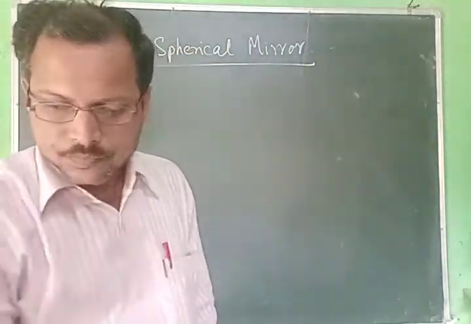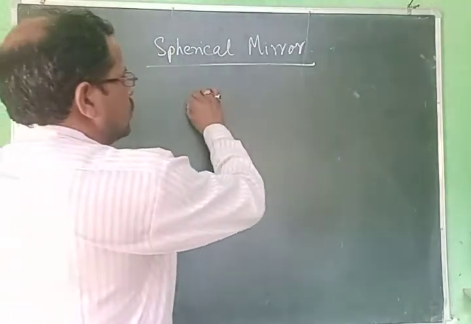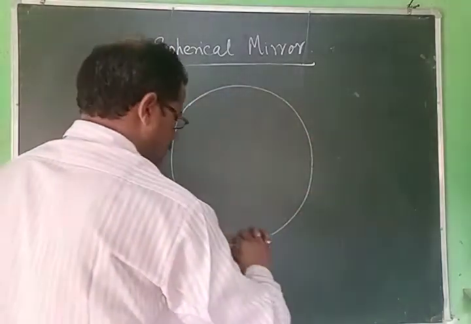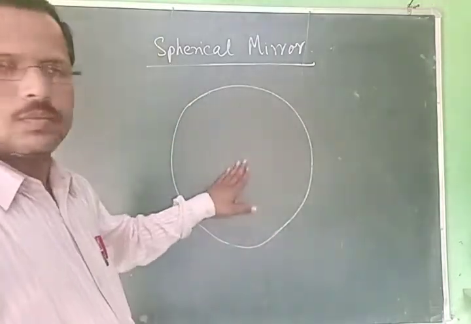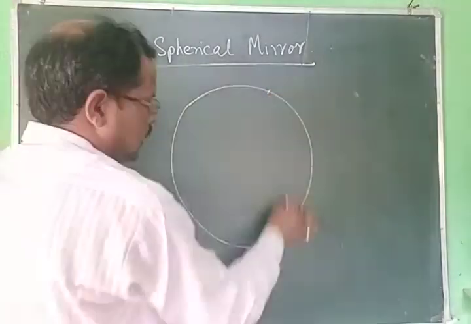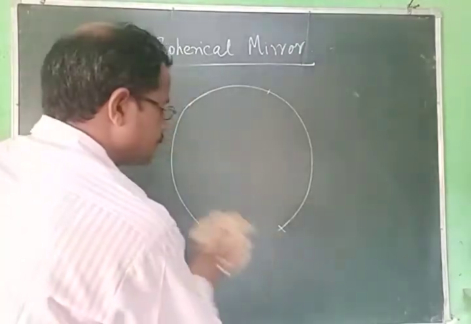So the first thing, suppose this is a circular part, the concave mirror, suppose we take this part.